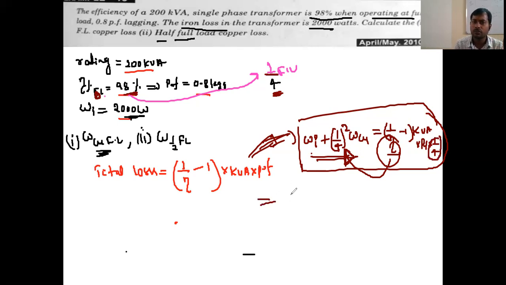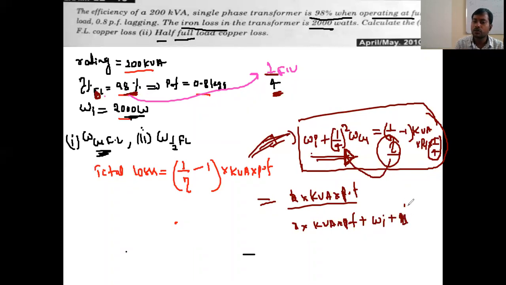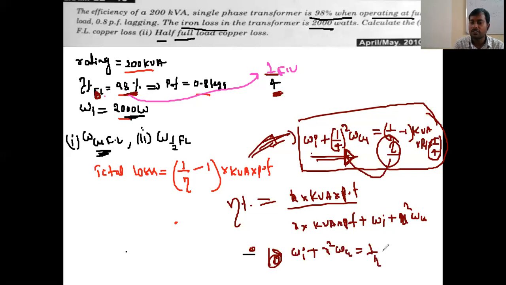The efficiency is x into kVA into power factor, divided by x into kVA into power factor plus iron losses plus x squared times copper losses. If you convert this into total losses, the losses are iron losses plus x squared times W_Cu, which equals (1 by efficiency minus 1) into x into kVA into power factor.